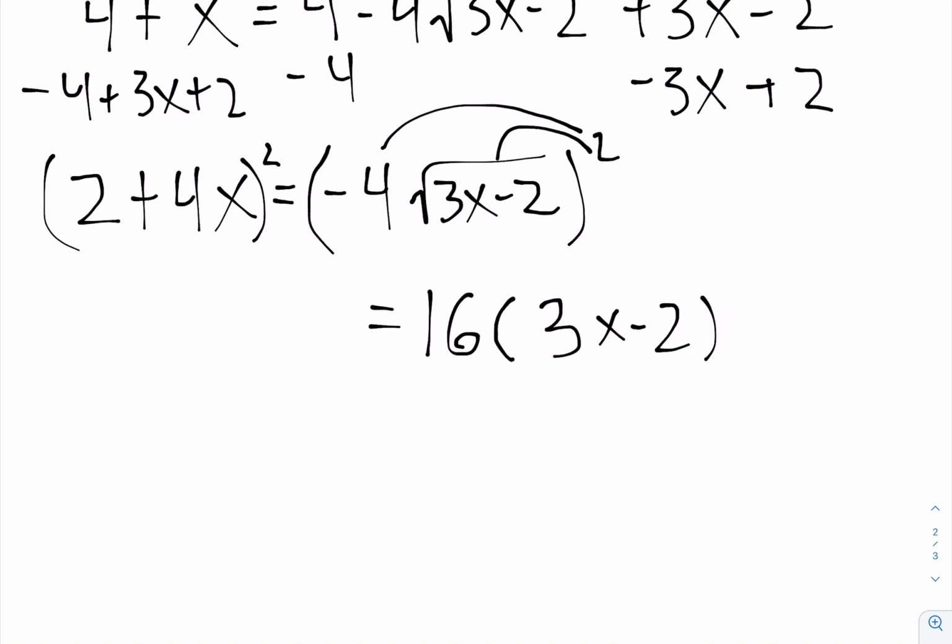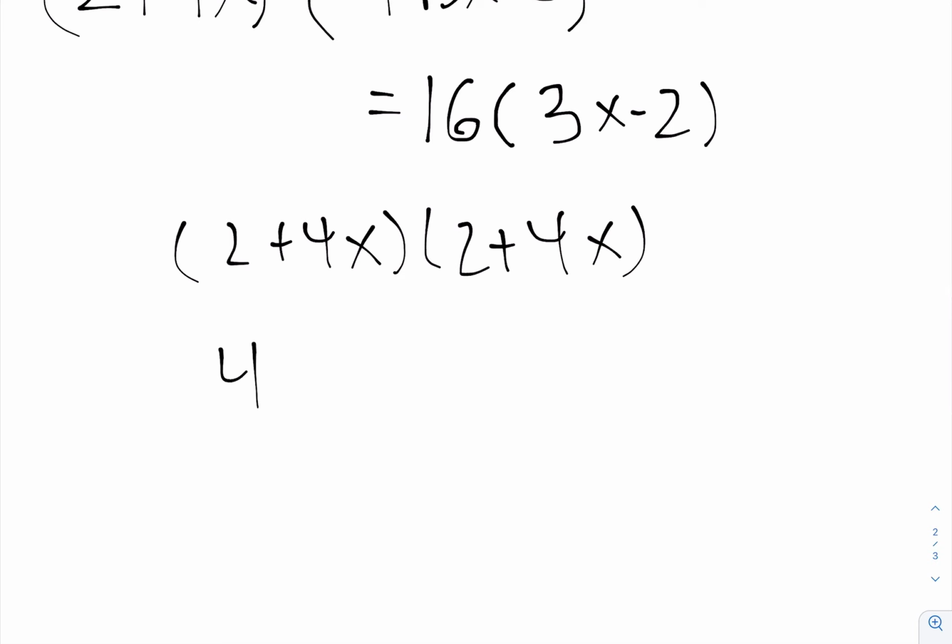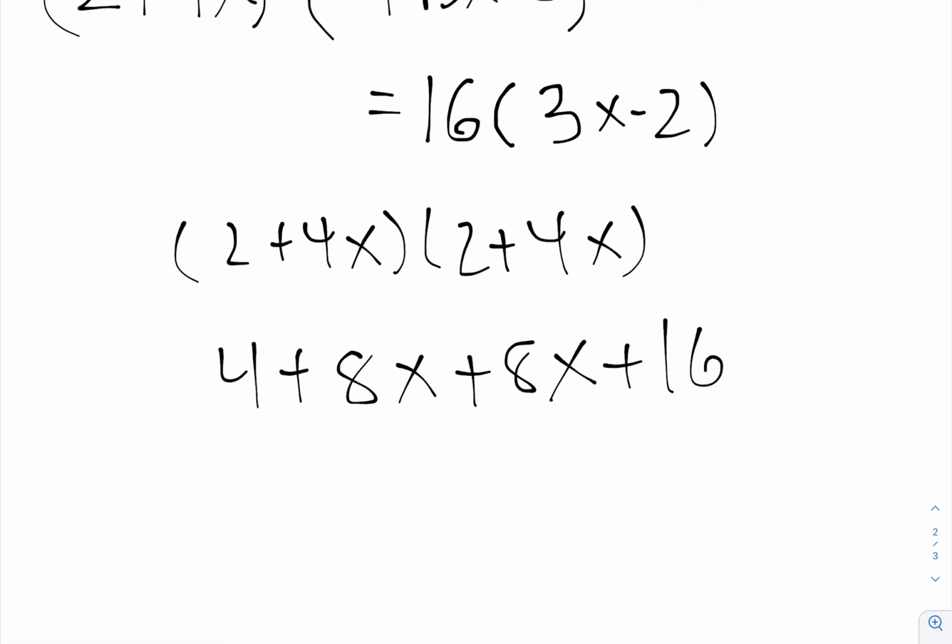Okay, that's going to equal, let's expand 2 plus 4x squared out. So that's the same as 2 plus 4x times 2 plus 4x. Okay, so that's going to be 4 plus 8x, and then plus 8x again, and then plus 16x squared.